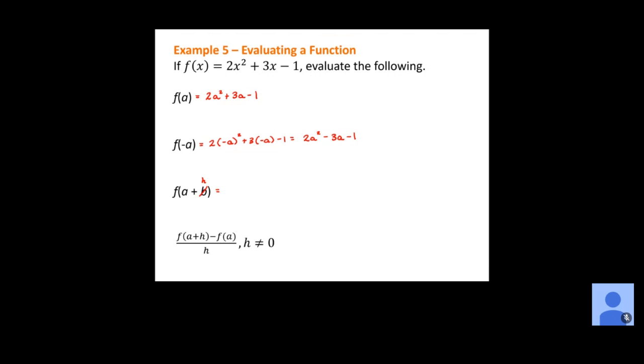So everywhere I see an x now, I'm going to replace it with a plus h. This is what we're going to get. 2 times a plus h squared plus 3 times a plus h minus 1. So again, all I've done there is I took every x and I replaced it with a plus h instead. Any questions on that step?